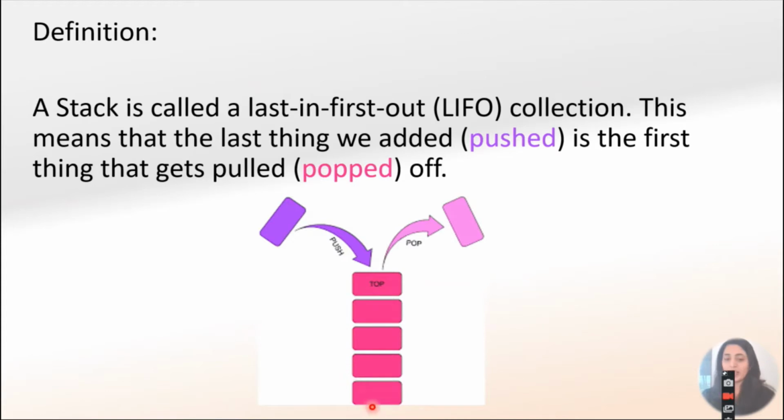If this is a stack and there is the top of the stack, what I add is called the push function. The last thing which I add will be the first thing to be removed, or deleted, and we call that operation pop. So a stack has two types of operations, push and pop, insert or delete.